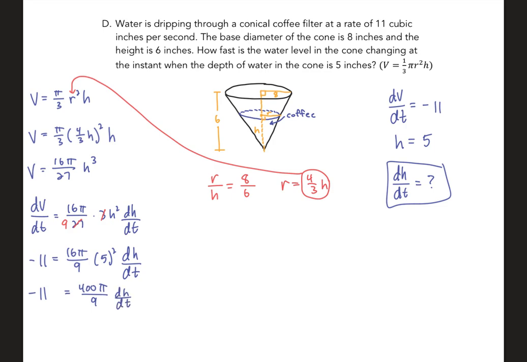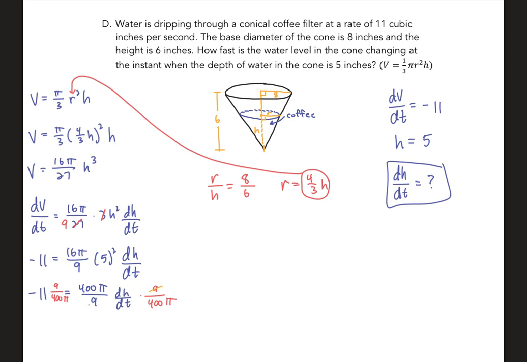Okay, and then just algebra. You know, multiply both sides. You want to get rid of this fraction. So technically you're dividing by this fraction, but better to just multiply both sides by the reciprocal. Like that. And so that's nice.